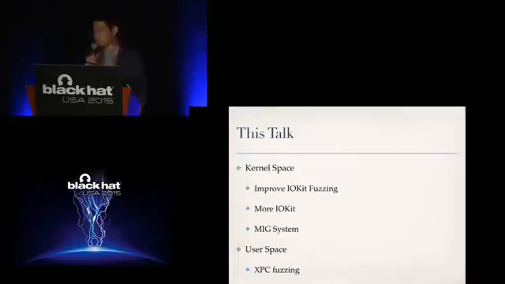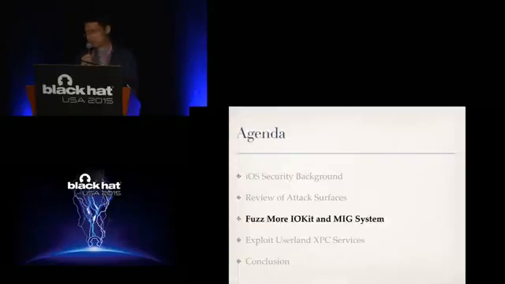And for user space, we will focus on XPC fuzzing, and we will introduce the work we did. That is somewhat different from the work from Google Project Zero, who, as we know, also released some bugs for the userland space. Okay, so let's go to the first part, the kernel part.